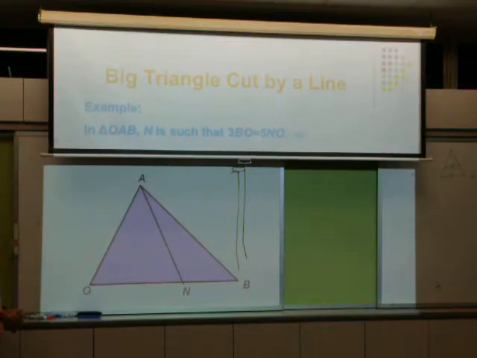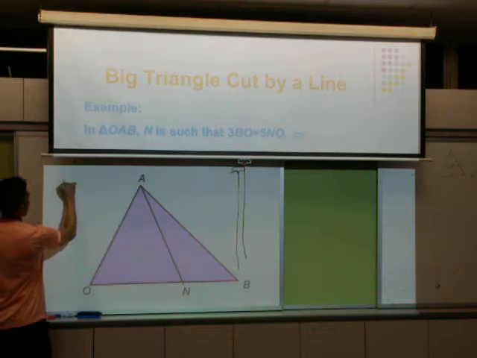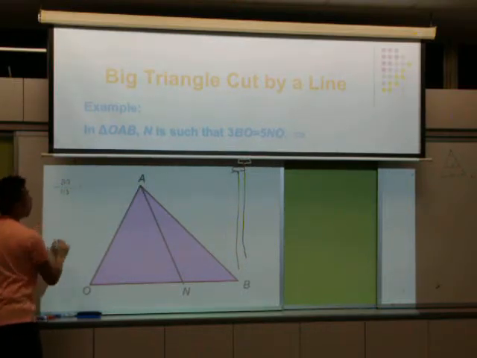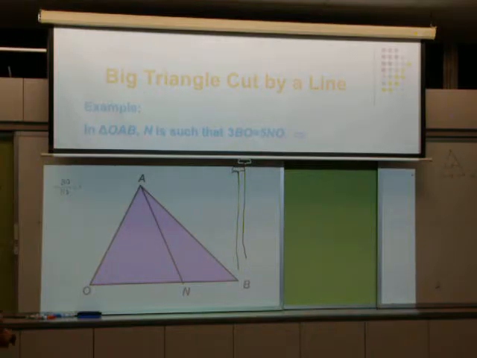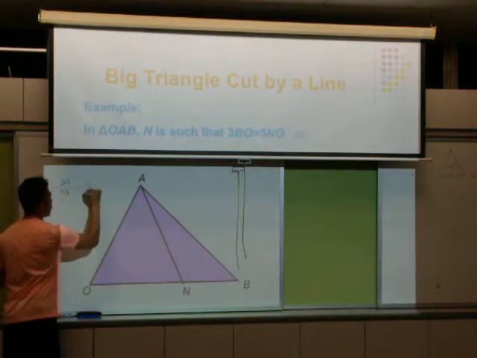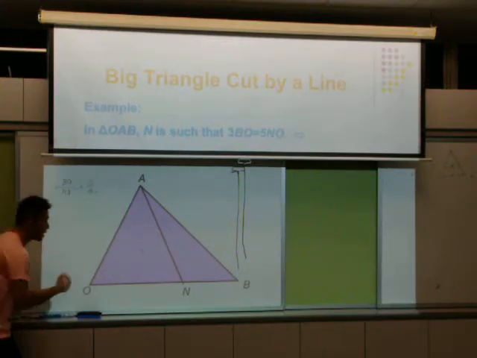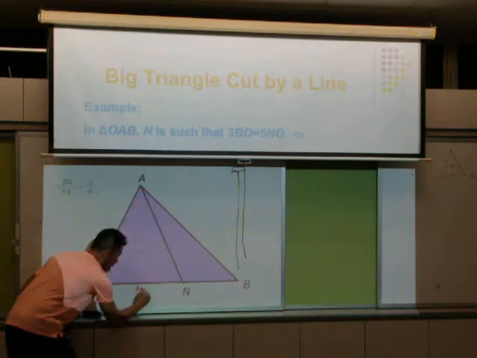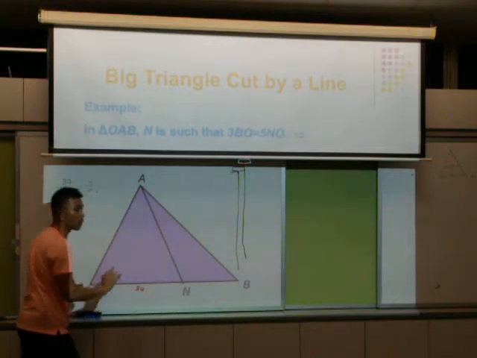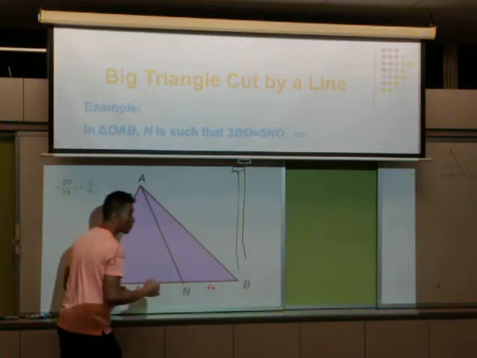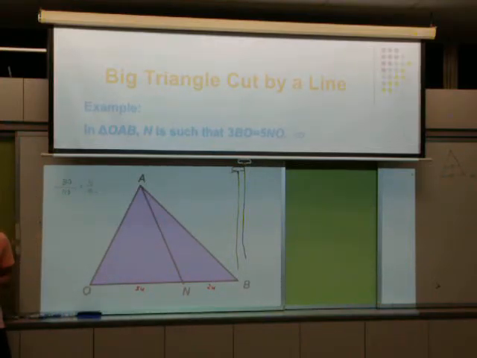Move all the unknown to one side. Let's put BO over NO. BO over NO must be equal to 5 over 2. So BO must be 5 units, NO must be 3 units. Since NO is 3 units, can you tell me what is the unit breakdown here? 2. Your guess is as good as mine.